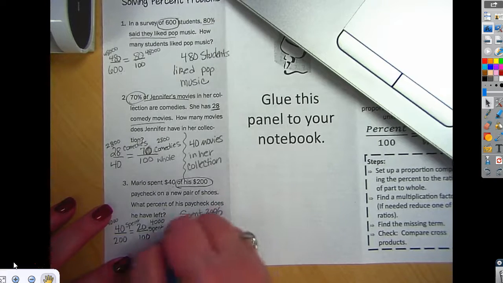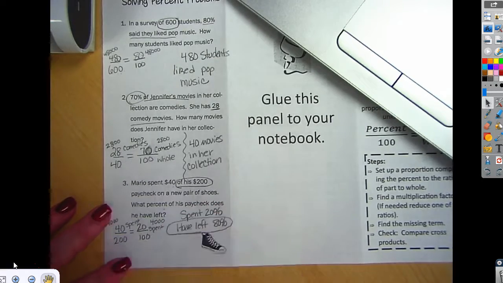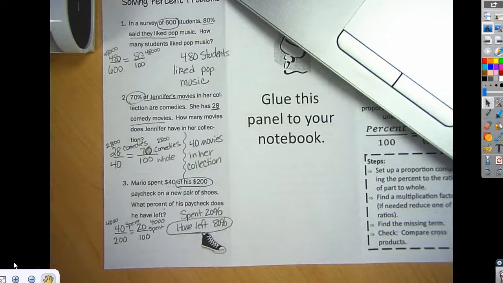That's the answer right there. He has 80% left because he spent 20%. So do you see how you had to take that one step further? So as we've been working on word problems, I've always said, go back, read the last sentence, see what it is you're looking for, and answer that. So he's got 80% left.